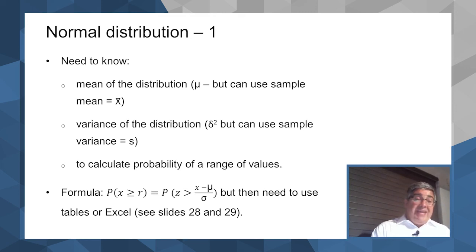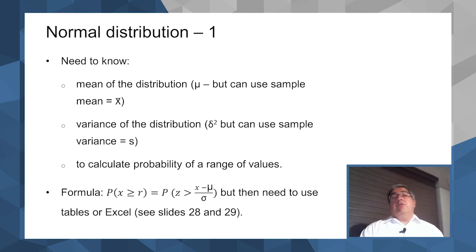Now, the mean, supposedly, theoretically, we would need to know the true mean and the true variance or standard deviation of the population, but in most cases we don't. So what we do is we use a sample, and then we use the mean represented by x bar and the standard deviation represented by s for the sample rather than the population.